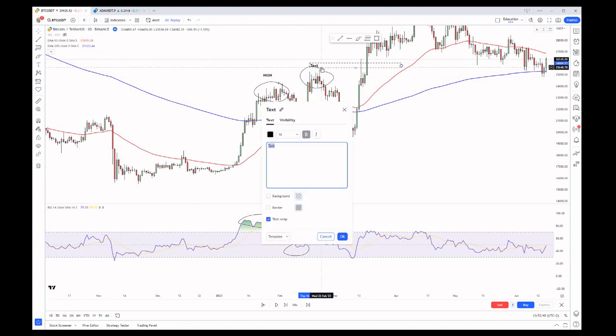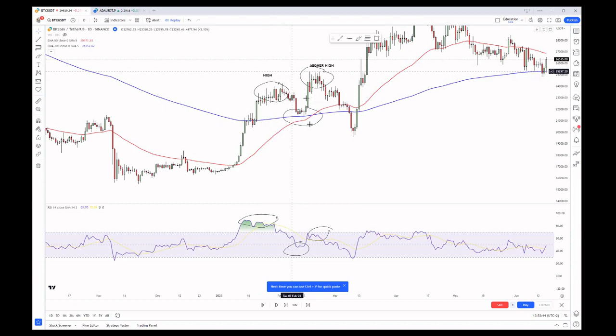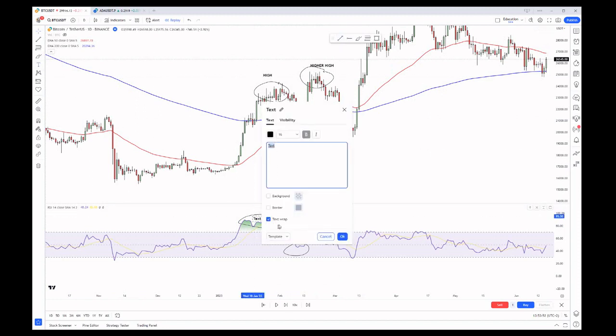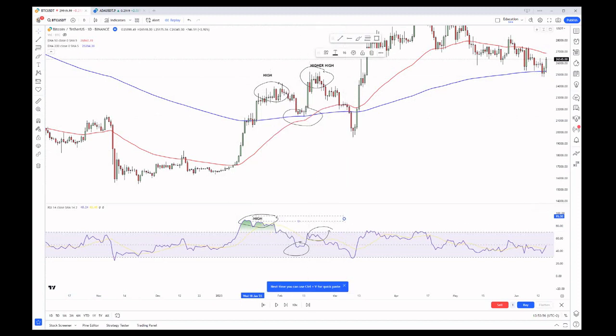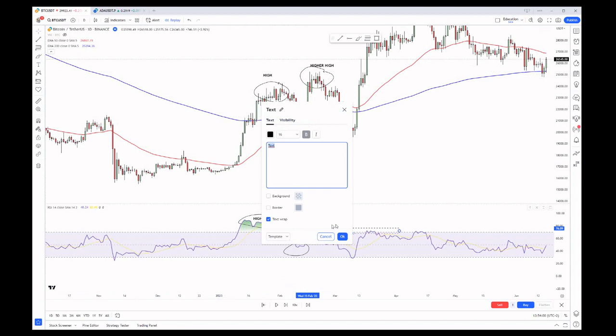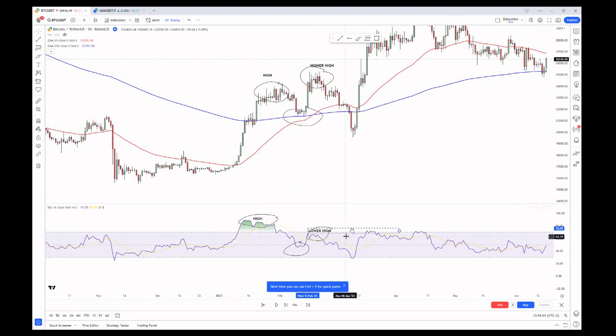And then price made a higher high here. And as you can see on the RSI, it made also a high, but then made a lower high while the price was making a higher high.